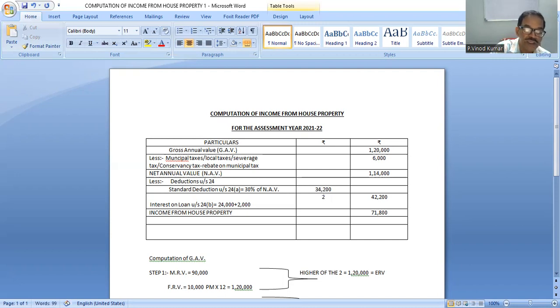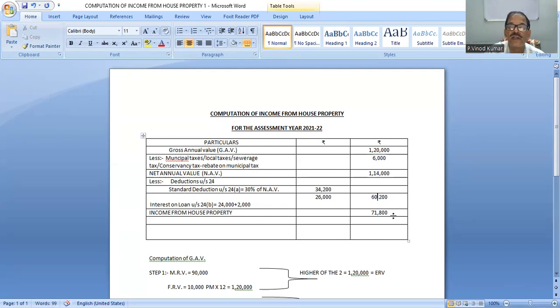So what is the total deductions? 26,000 plus 34,200. How much does it come to? I'll check with the calculator. 34,200 plus 26,000. So you will get 60,200, right?